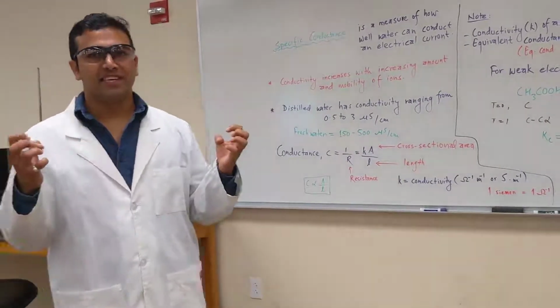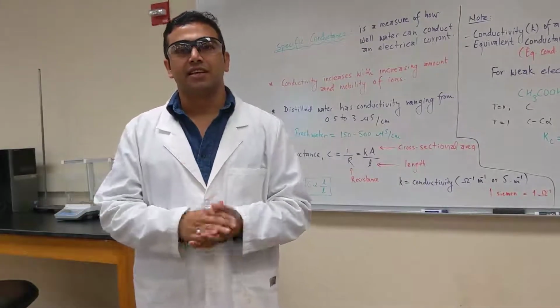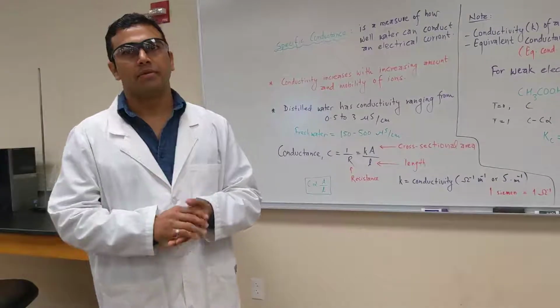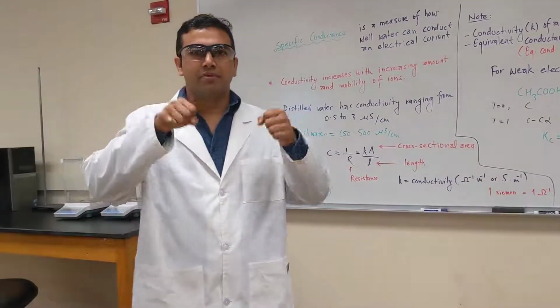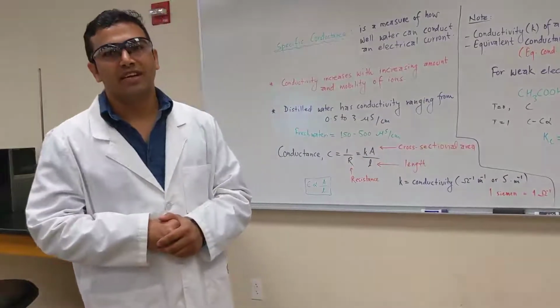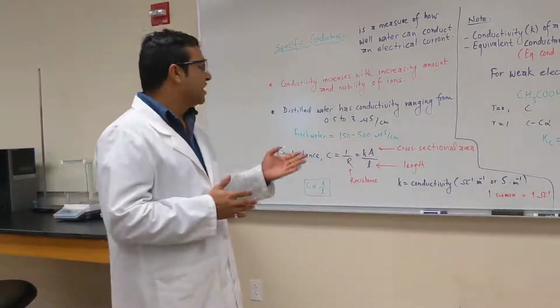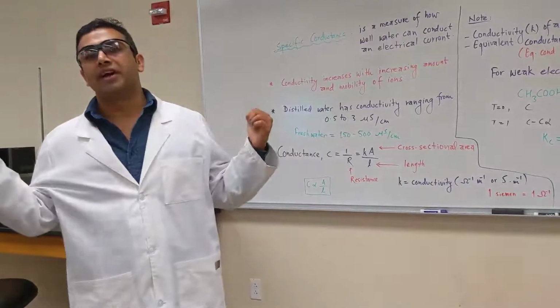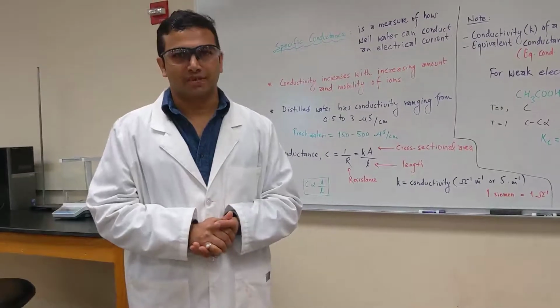So you can imagine the high tension wires that we can see around the road in some regions, right? They have big wires, they have high cross-sectional area. This is to increase the conductance, and you can also imagine that whenever we have long wires, then of course the conductance of the electricity decreases, right?